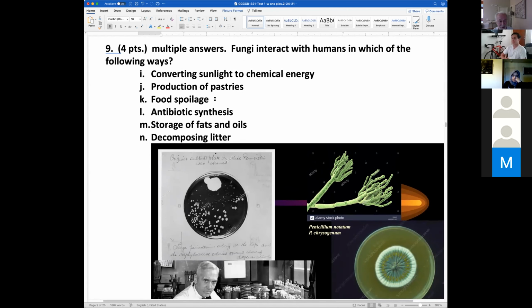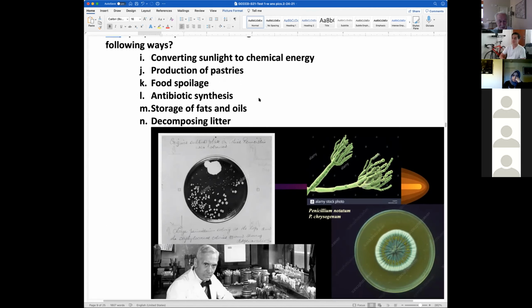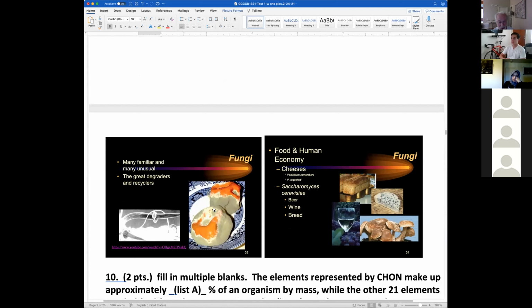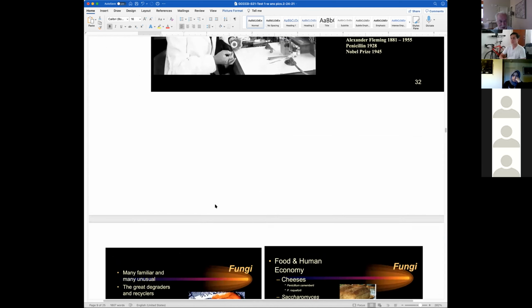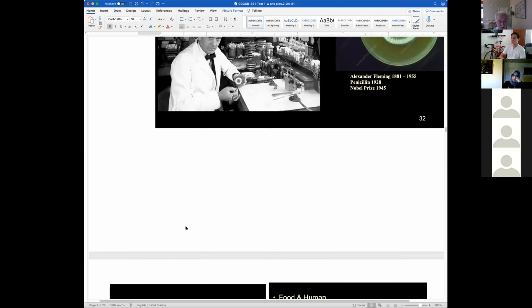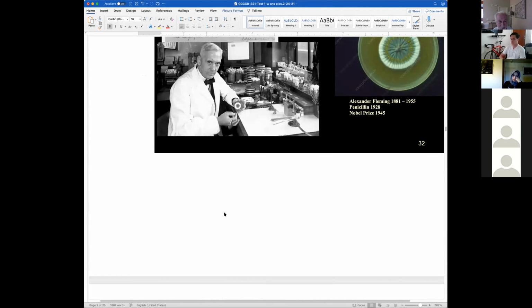Food spoilage. I agree. Okay. There we have food spoilage. Also, decomposing litter. Same picture illustrates that, if you consider old fruit in your fridge as litter.